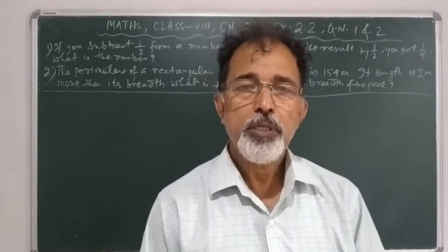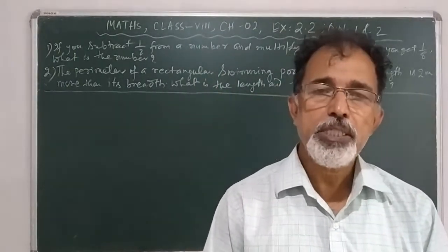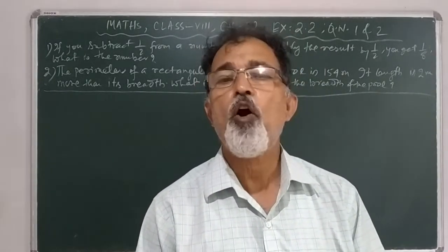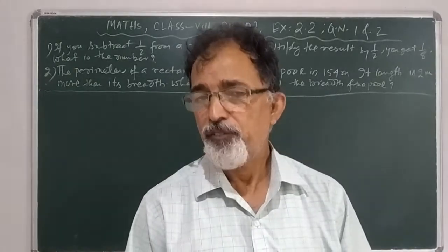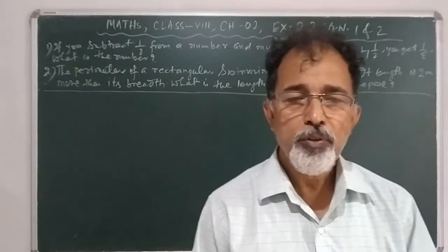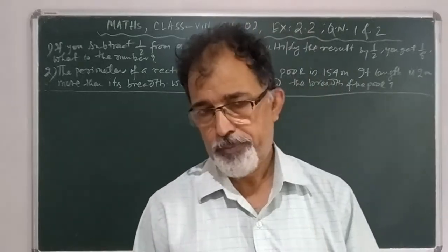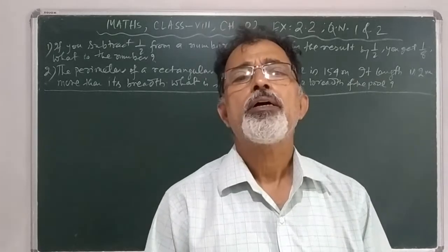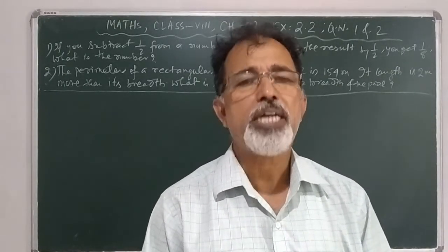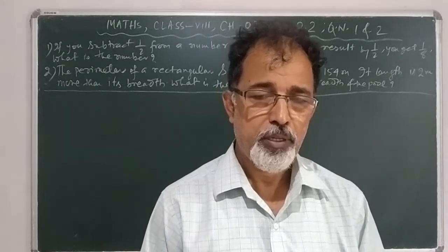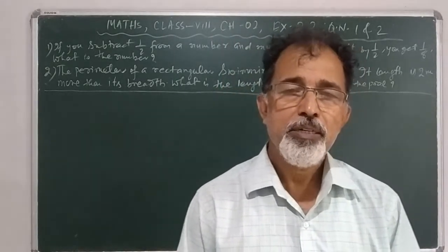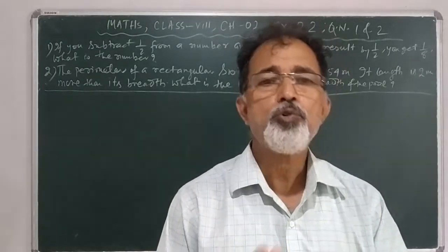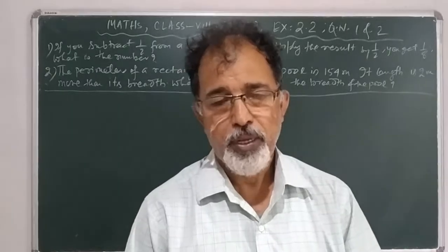Number 4, using the condition or conditions given in the word problem, form an equation. 5, solve the equation for unknown. And 6, check whether the value of unknown satisfy the equation or not. These are 6 steps which should be used to solve a word problem.